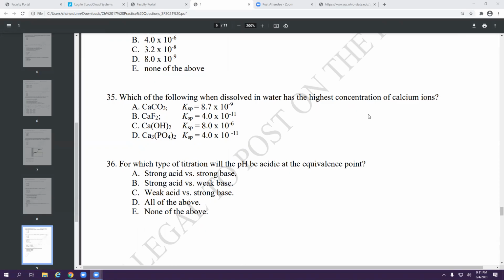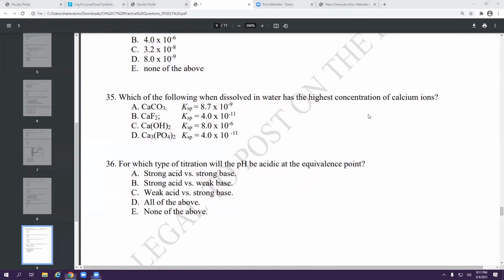35 is very similar to the one we did with the MX thing, right? But this time, I'm trying to figure out the concentration of calcium, which basically means I'm trying to solve for concentration, which is the same thing as the X value.